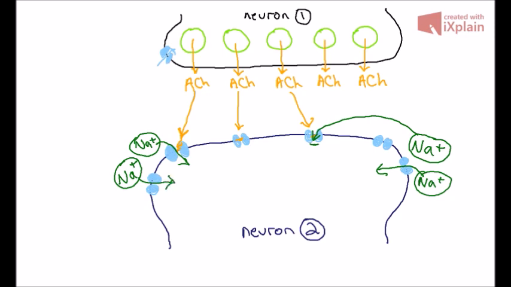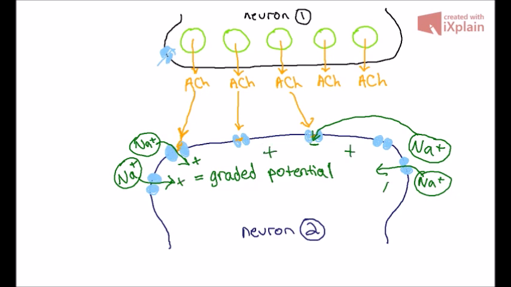Now, what happens when sodium flows into the cell? It creates a graded potential, because when sodium floods into the cell, it's positive, so it raises the millivolts of the charge of that membrane. Just like we went over in the first video, when the sodium comes in, the positive charge makes it more positive inside.